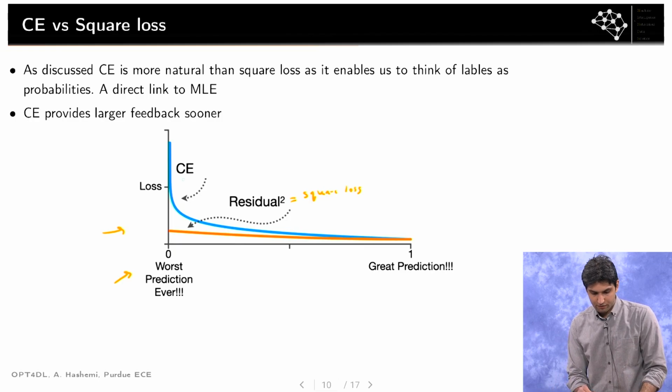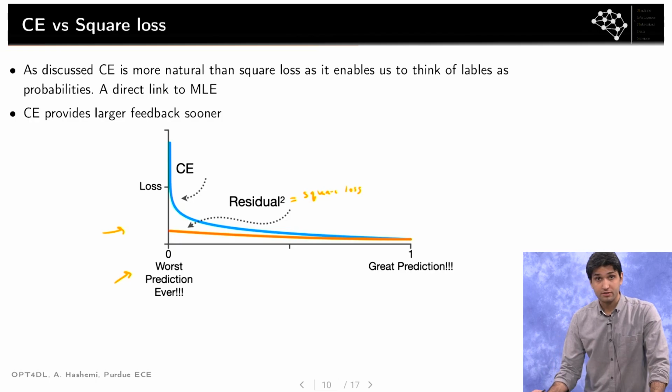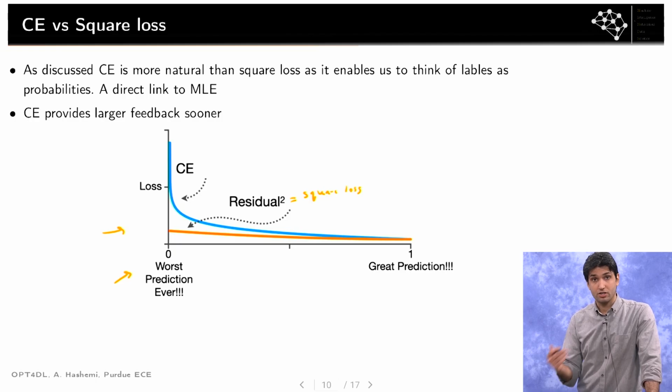On the other hand, for cross entropy loss, early on, when the distance between Y and Y hat is large, the loss value is going to be very, very large. In particular, it could actually be unbounded. This means that we're going to get a very large signal, a very large gradient, and therefore make a lot more progress early on in the training.